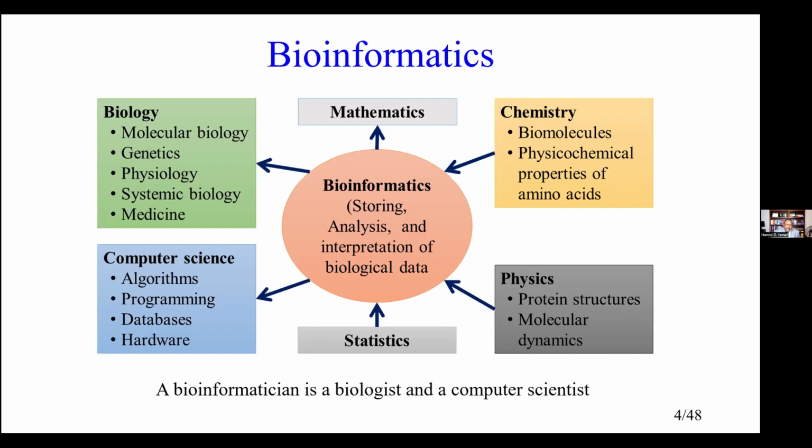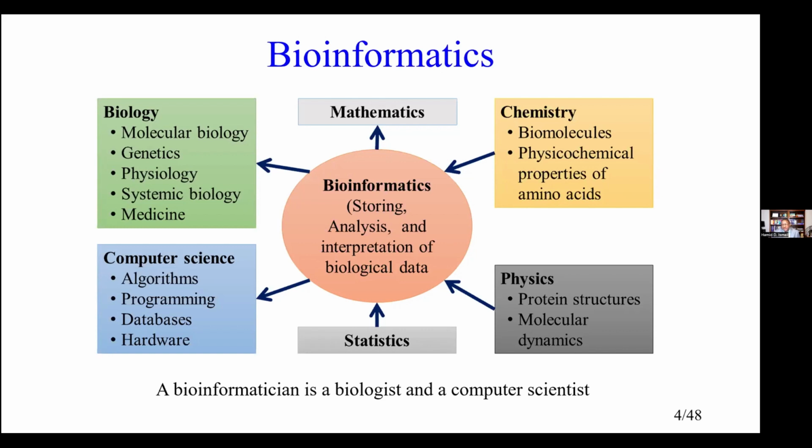But also there are other parts, from all these disciplines. Each one of these disciplines contributes in a specific way, like computer science, for example. They develop algorithms, programming. They are using programming to analyze this data. And they also develop databases and hardware.